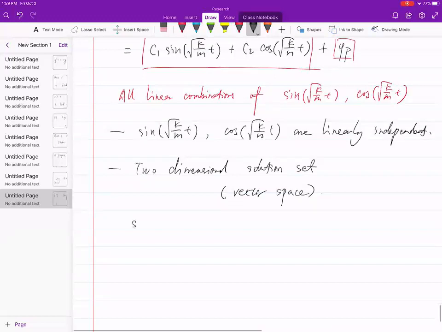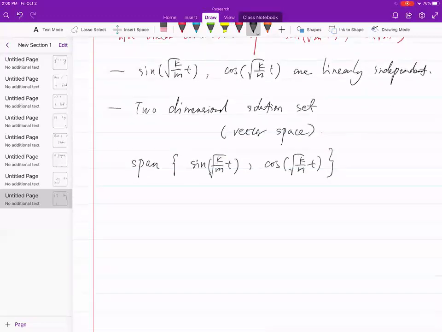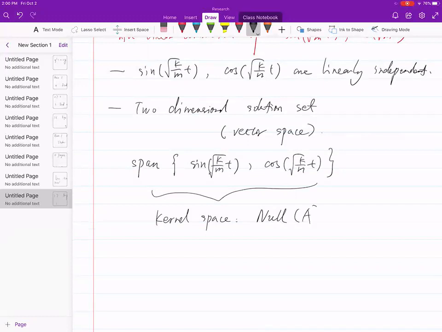Okay, and it can be written as a span. Now I think you can associate that thing to the kernel space, or some people call it the null space of A as a matrix.